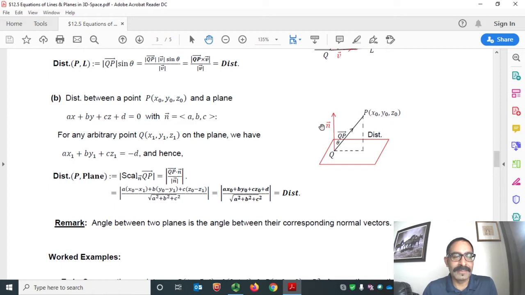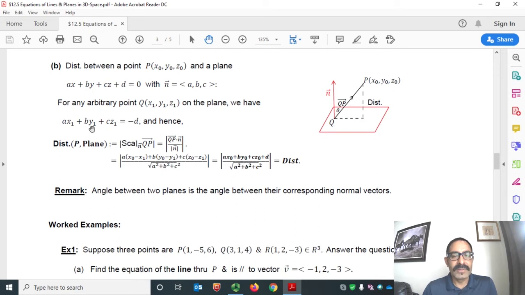So pick an arbitrary point Q in the plane, join QP. Again, two points determine a vector by the formula tip minus tail, and this QP vector's scalar projection onto n is the height we are looking for. So the distance between P and the plane is simply the scalar projection of QP onto n.